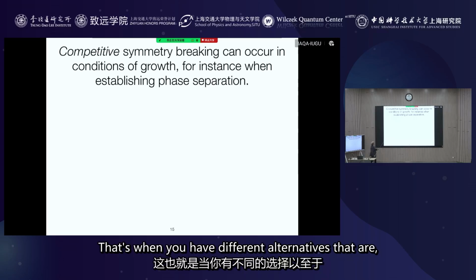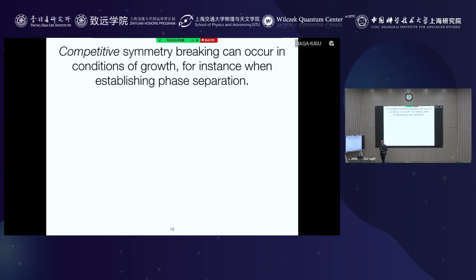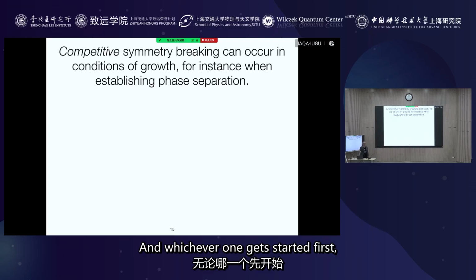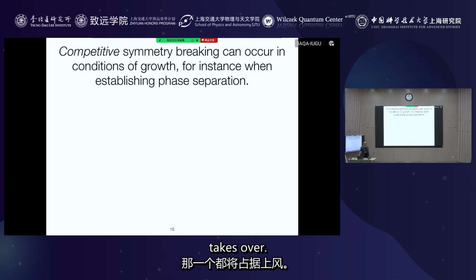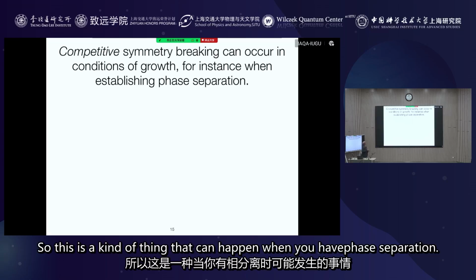That's when you have different alternatives that are, in a sense, equally good from the point of view of fundamental interactions, but they compete for common resources, and whichever one gets started first takes over. So competitive symmetry breaking.